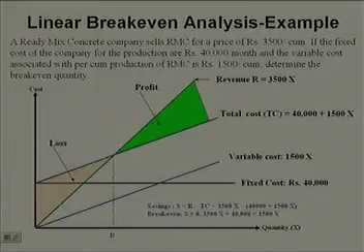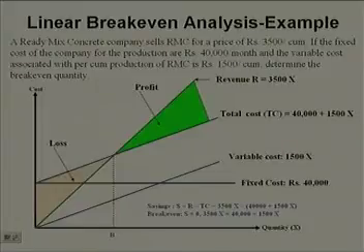Now, one thing you might have noticed by now is that in all these computations we are assuming a linear relationship. So, this type of analysis is also sometimes known as linear break-even analysis. Why?